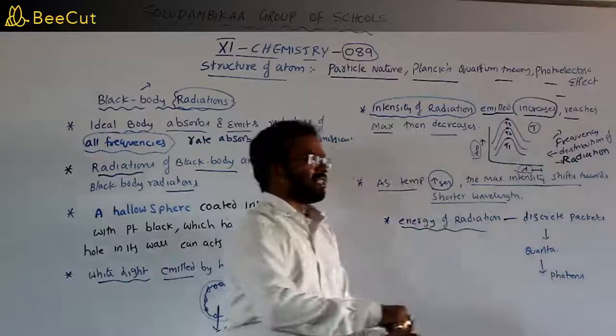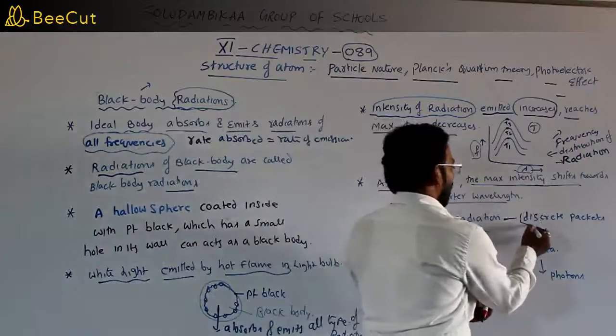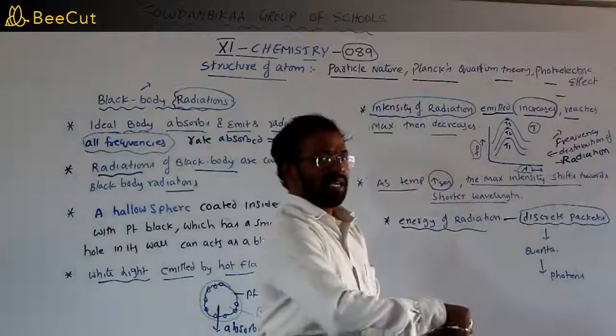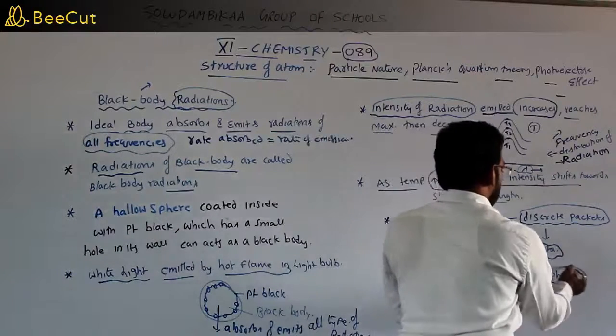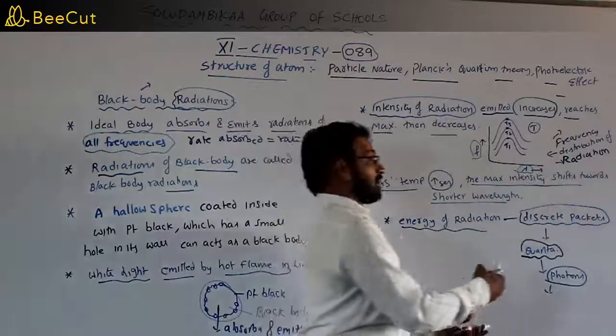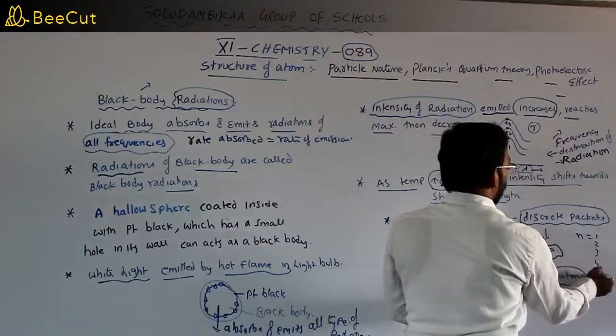From blackbody radiations, one can say energy of radiation is emitted in the form of discrete packets called quanta, and this energy is also called photons, as a multiple of integer values n = 1, 2, 3, 4, 5.